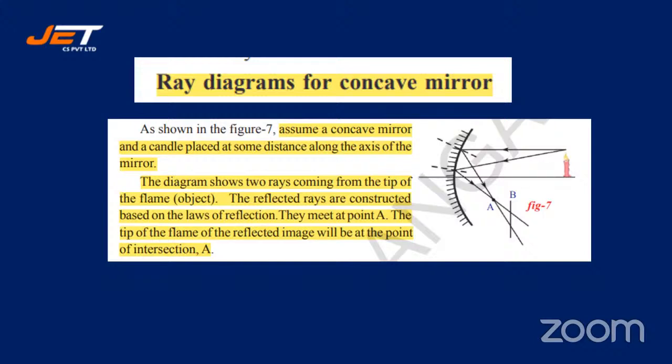The other is a random ray, which after reflection intersects the previous ray at a point A. So we need two rays. Any two rays, intersection of two reflected rays will give us the image of the object. The reflected rays are constructed based on the laws of reflection. They meet at point A. The tip of the flame, here using the source as a candle, the tip of the flame of the reflected image will be at a point of intersection A.